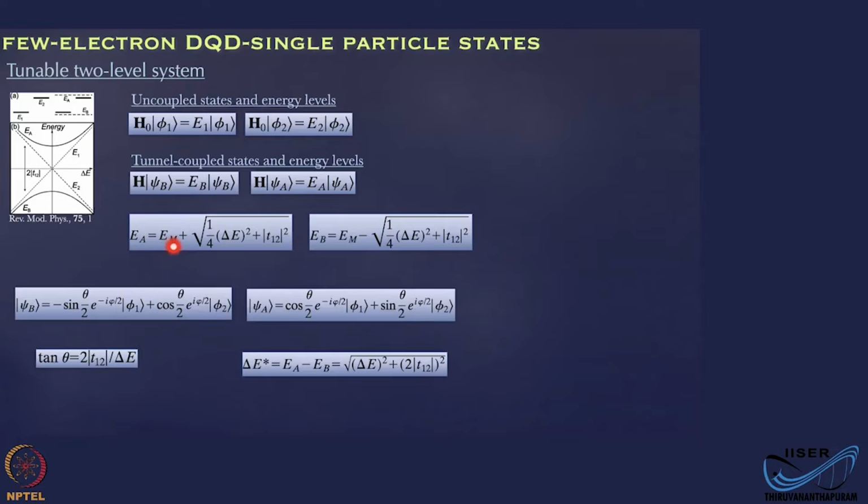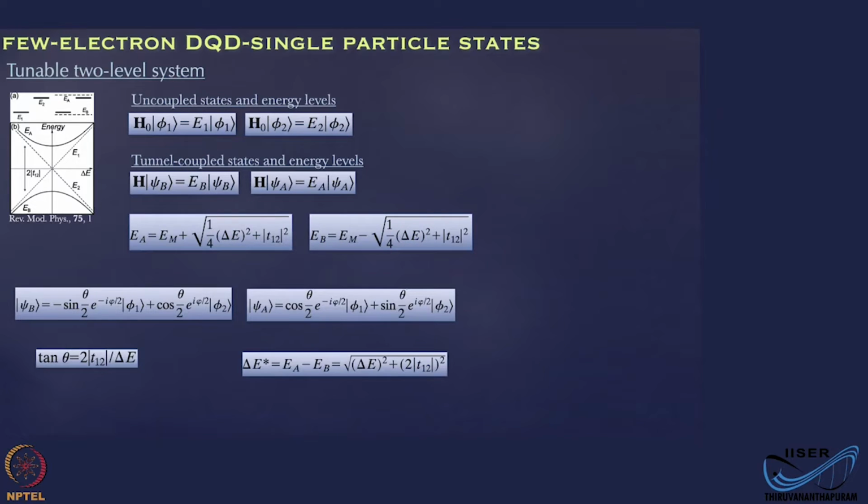EM plus square root of 1/4 delta E squared plus T12 squared, and that is the bonding energy, and EA is the anti-bonding energy, and EB is the bonding energy. You will see very soon why I am calling them bonding and anti-bonding. In a minute. Okay, so EB is EM minus square root of 1/4 delta E squared plus T12 squared. Okay, and this is very simple mathematics which you have worked on.